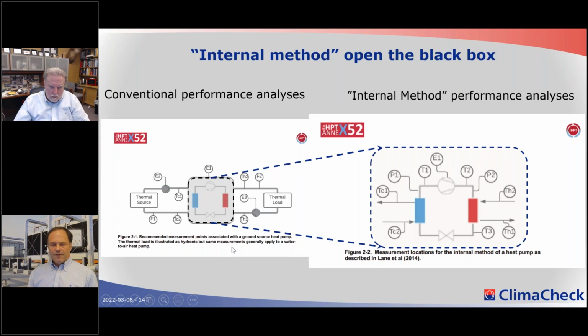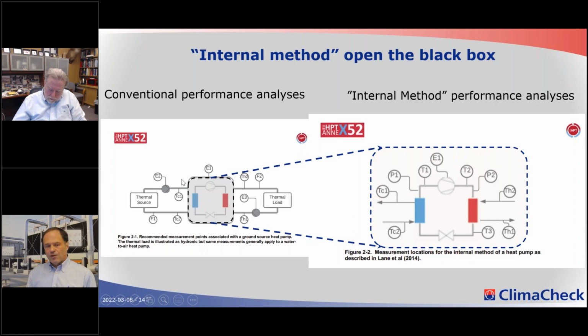And as Jeff mentioned, Annex 52 covered what sensors are needed for what's called the external method, or the conventional flow-based measurement. So you need a certain number of sensors for that. And in that, the refrigeration process is a black box.